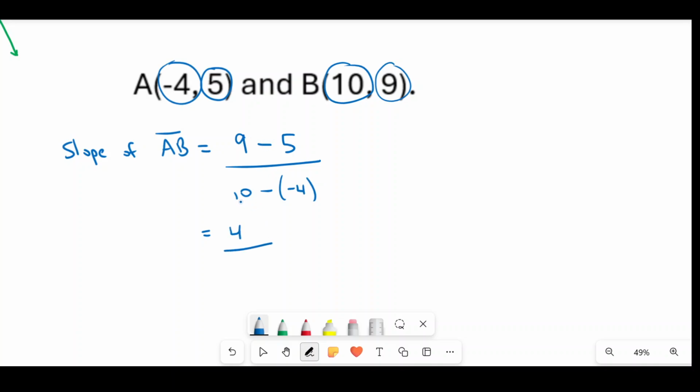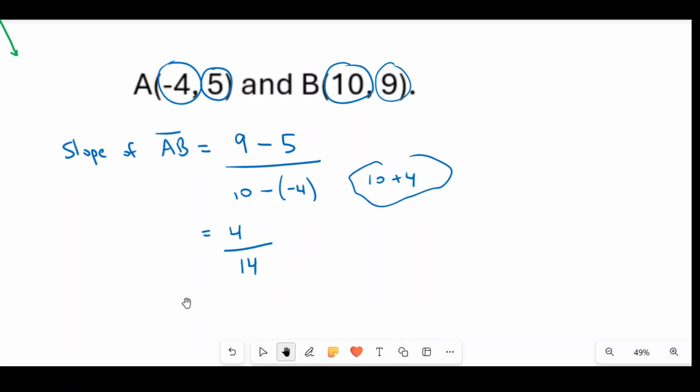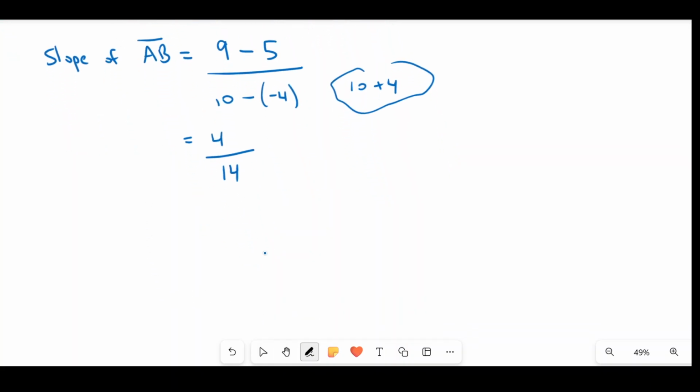And in the denominator I have 10 minus negative 4. Well, that's 10 plus 4, so in the denominator I have 14. So I have a fraction, and we always want to reduce fractions. Both the top and the bottom can be divided by 2. So this reduces to 2 over 7. So the slope of AB is 2 over 7.